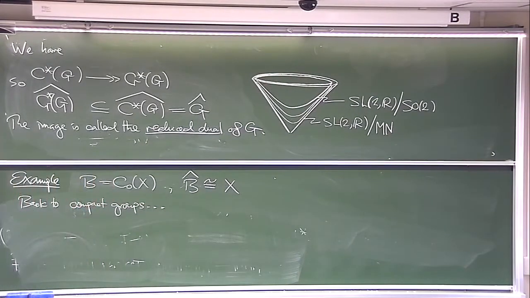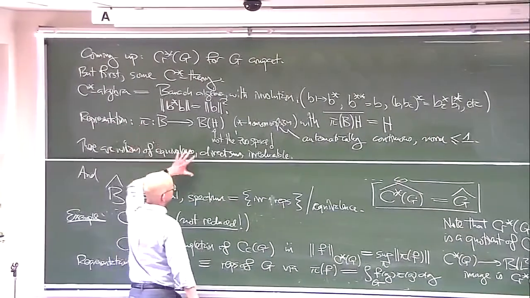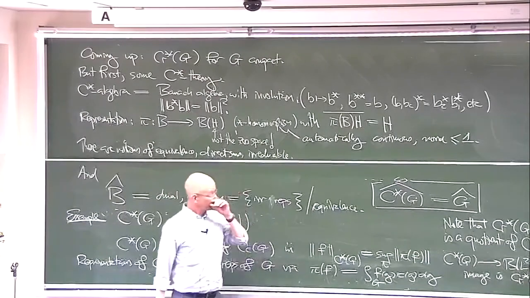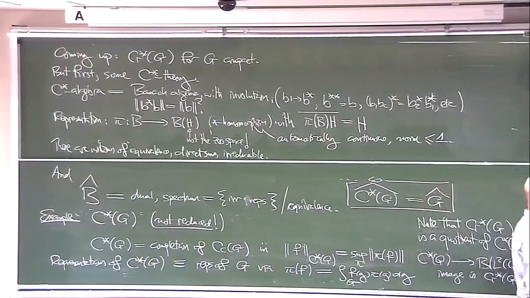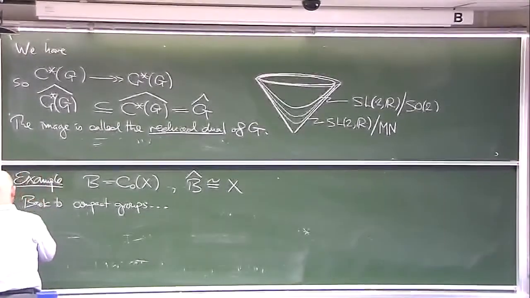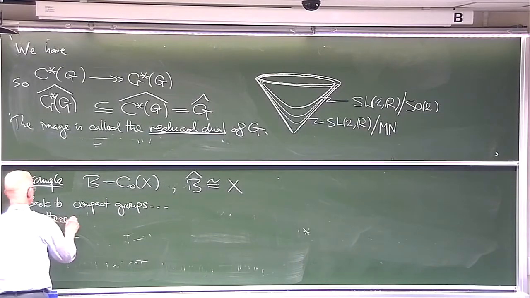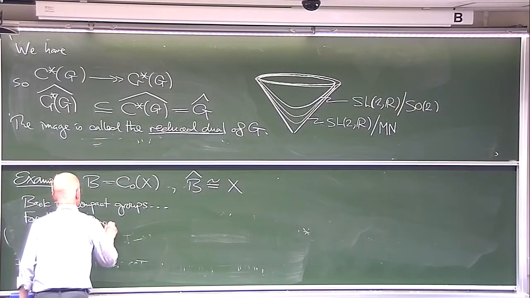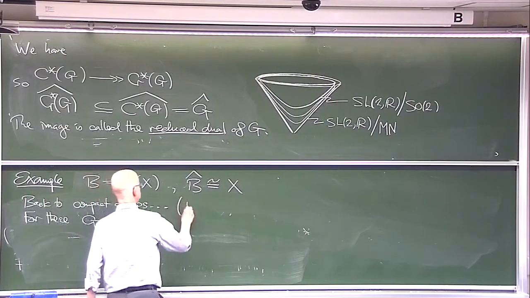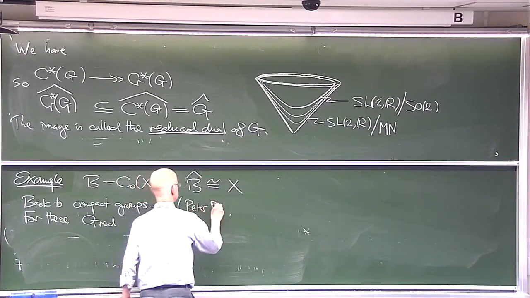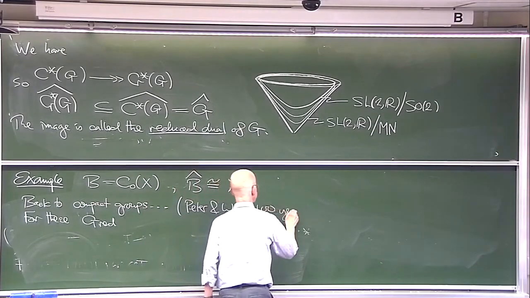So we made a little digression into C star algebras so that we could have some language, not very complicated language, to discuss what's coming next. So these were studied by Peter and Weyl about 100 years ago. Nothing so new.